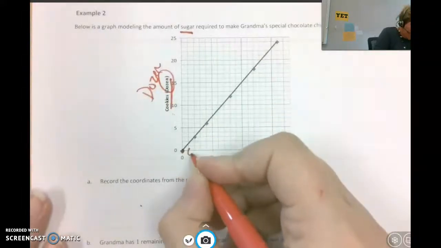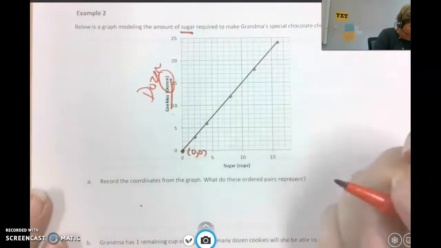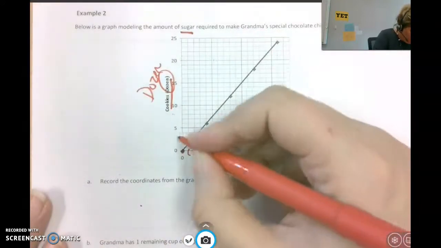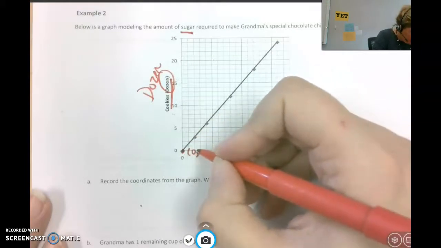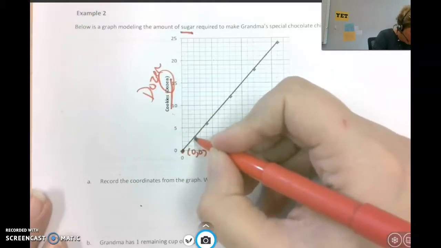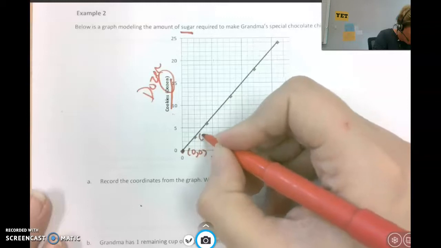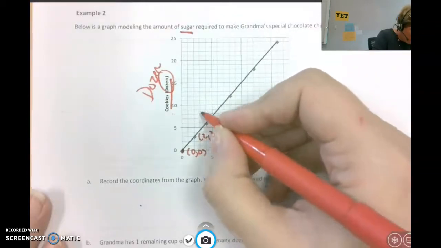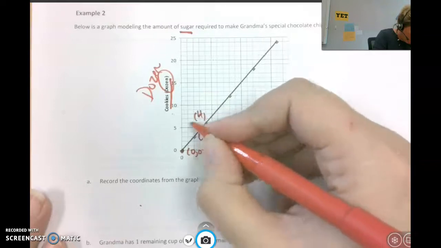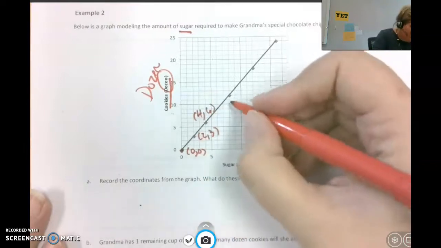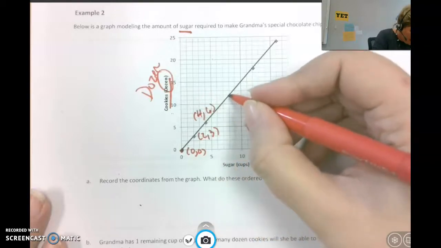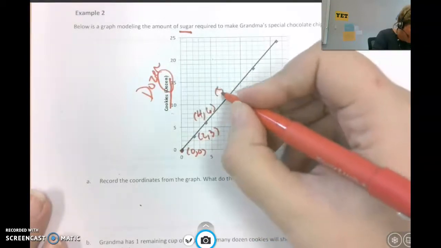Okay, so that's 0, 0. Oh my goodness, I can't read that. Counting by ones here, counting by ones there. Okay, maybe I can. 1, 2, 3. That's 2, 3. This one is 4, 6. Then we have 8 and 12.